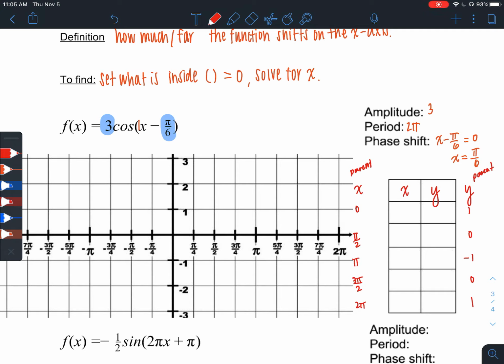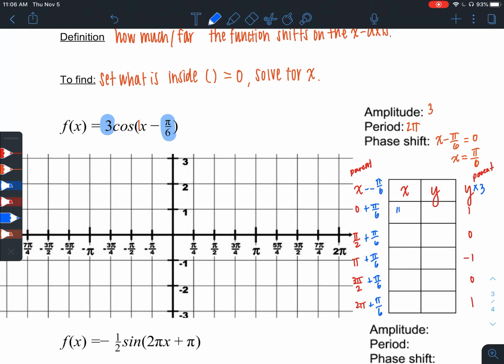Okay, so I'm going to take each of our y values and multiply them by 3, and take each of our x values and subtract -pi over 6. In other words, adding pi over 6. Remember that you can just type these into your calculator to add. So for this first one here, you do 0 plus pi over 6.